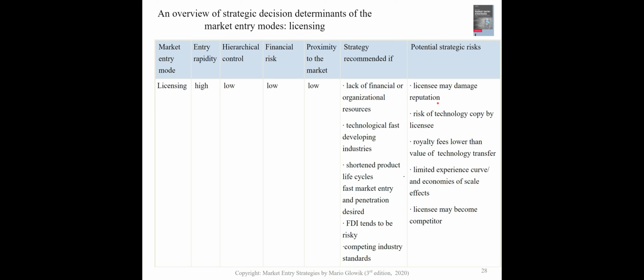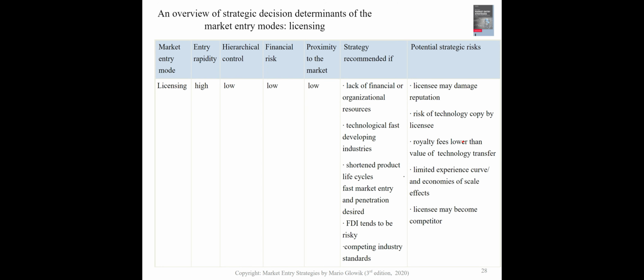That means if our knowledge is used in the wrong manner, which in the worst case may harm the health of our customers, or if the licensee uses our trademark but assembles products indicating a low quality or offering a poor service, then that probably or for sure will come back to our own brand image.